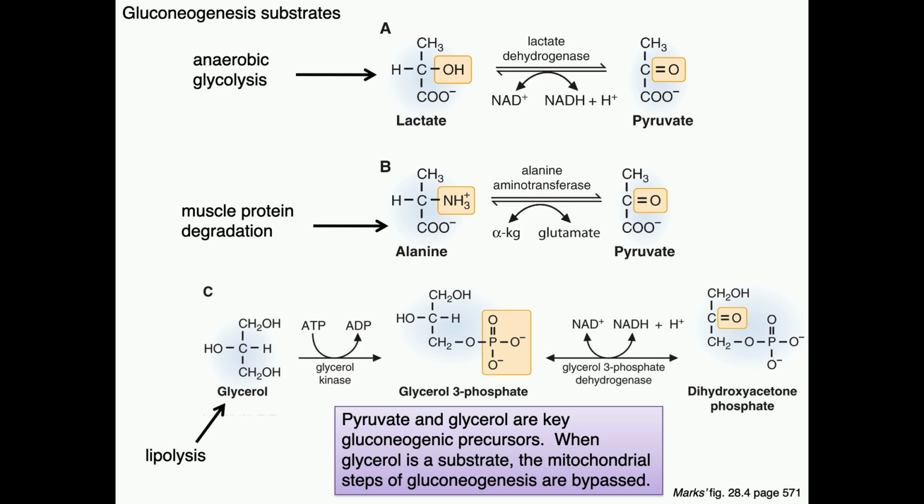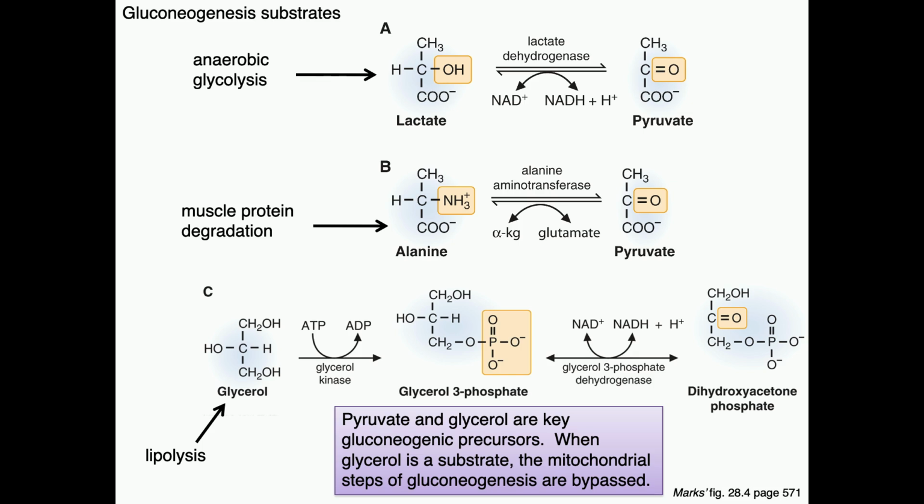So if a red blood cell is using glucose, it's going to be generating lactate. That can go out into the blood. The liver can then take up lactate through the monocarboxylate transporter and oxidize it to pyruvate. So pyruvate is a key gluconeogenic intermediate when we're using lactate as a substrate.